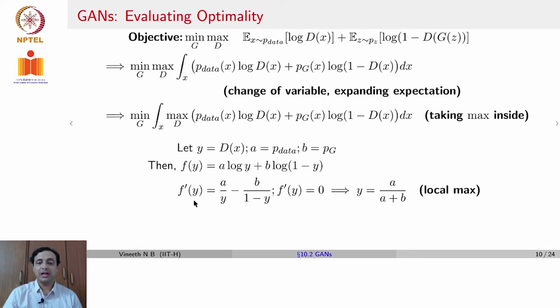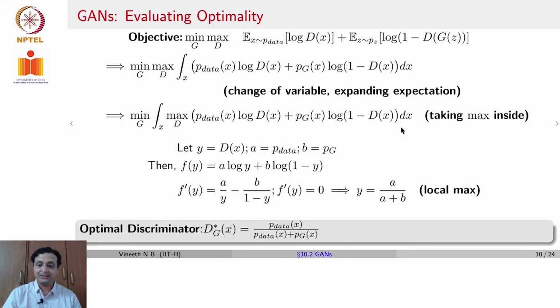F prime, or the derivative of f of y, is equal to a by y minus b by 1 minus y. That follows from derivatives of log y and log 1 minus y. And setting this to 0, we get that the maximum is obtained at y is equal to a by a plus b. What does that mean when we substitute back the variables?